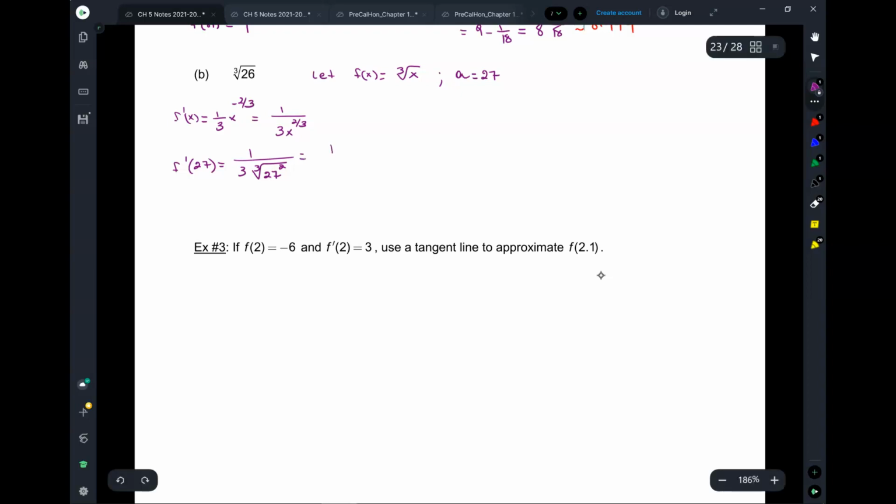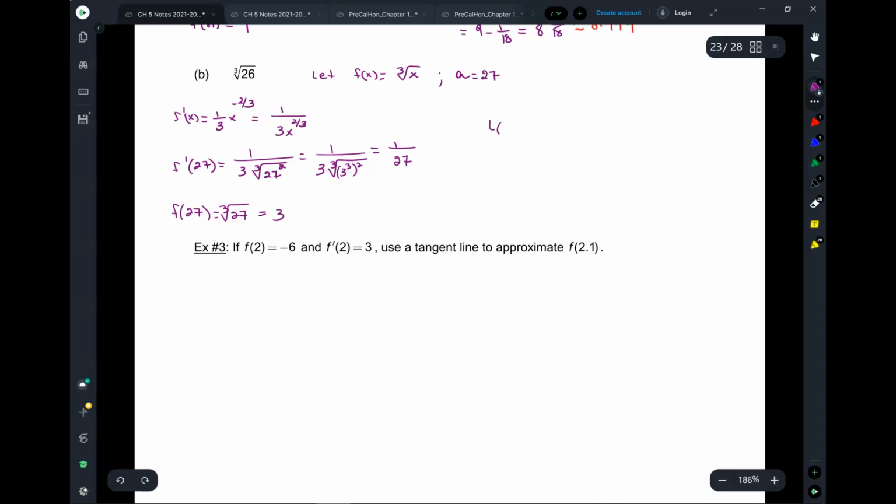What's 27 in terms of 3? 3 cubed, squared. So that's 3 to the 6. How does it come out of the cube root? 3 to the second. So it's 1/9, 1/27. Now we need f of 27, which is cube root of 27, which is 3.